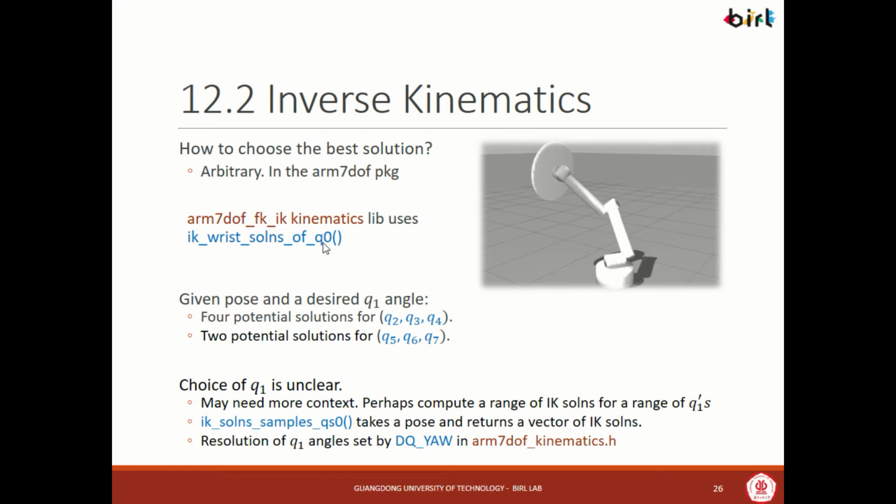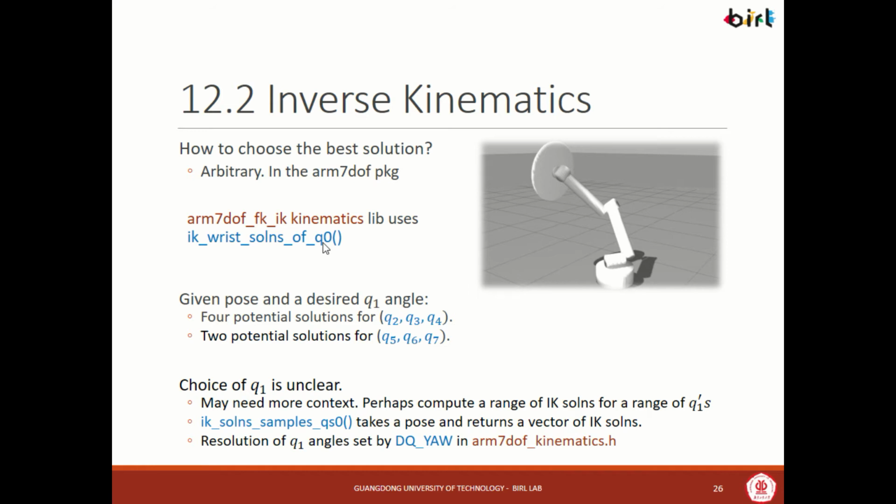But if you say, give me a desired Q1 angle, how you choose Q1 is still unclear, because you still have that range here. So what this algorithm is also doing is a few things. It says, we need more context to decide, but let's compute a range of inverse kinematic solutions for a range of Q1s. So let's find the IK solution here, and here, and here, and here, and here, and then here, here, here, and here. Something like that.